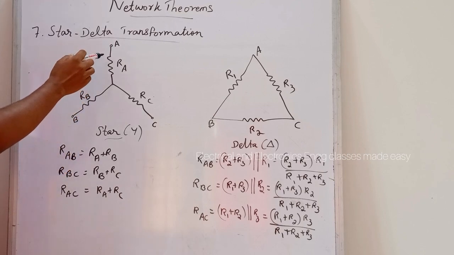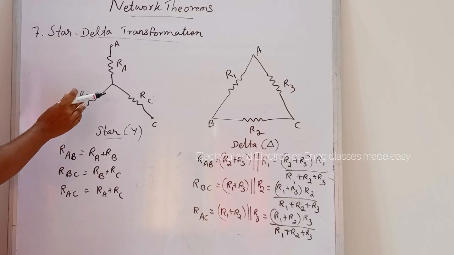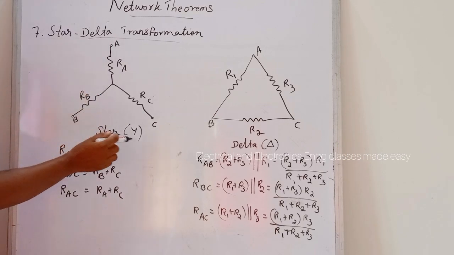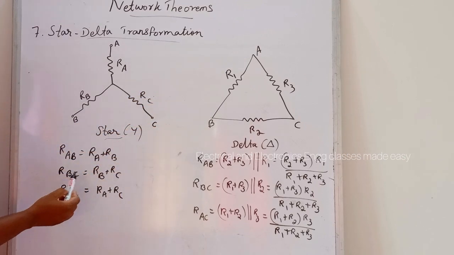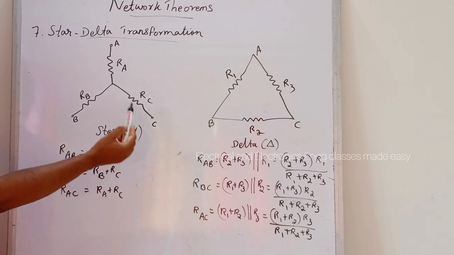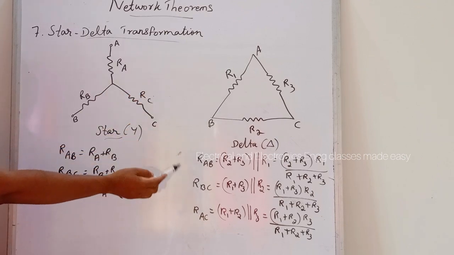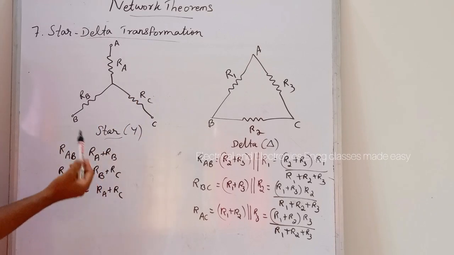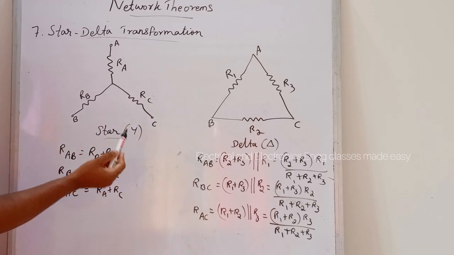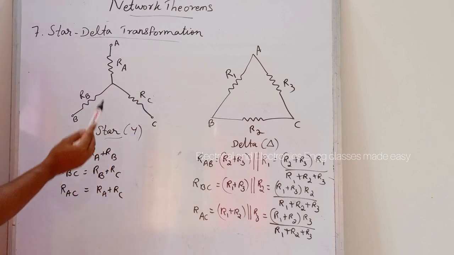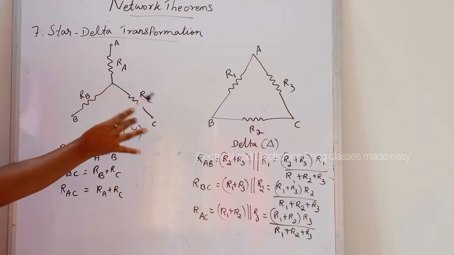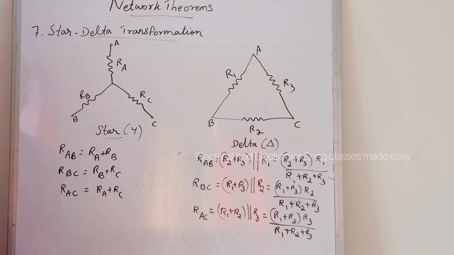That is, if the resistance RAB in star connection and RAB in delta connection are equal, also RBC in star connection and RBC in delta connection are equal, and RAC in star connection and RAC in delta connection are equal, then these two circuits are said to be equal.